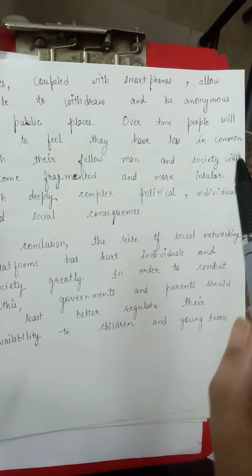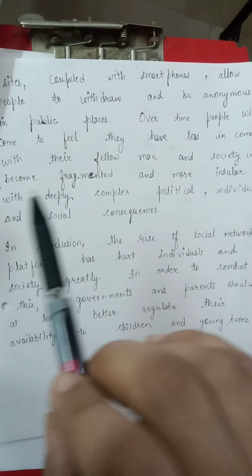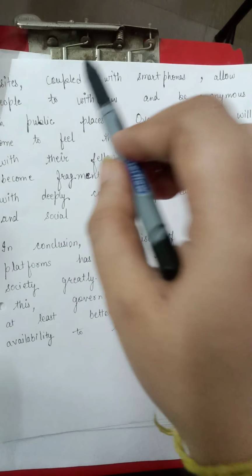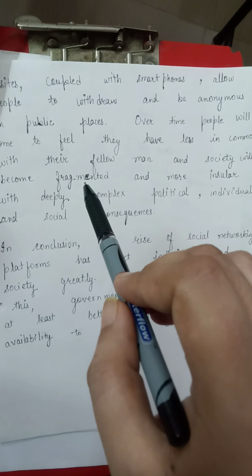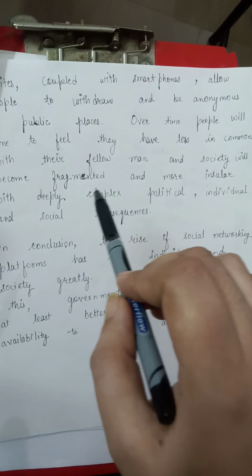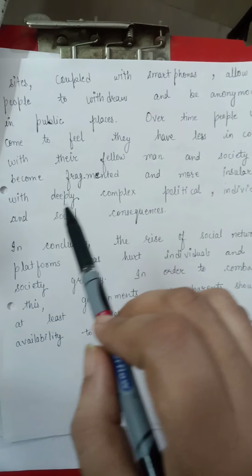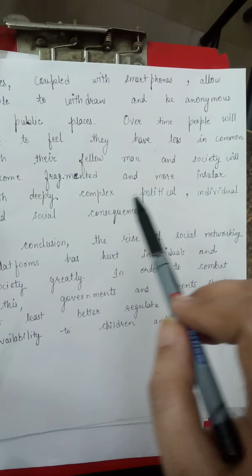So over time people will come to feel that they have less in common with their fellow men and society will become fragmented. Again this will lead to separation among the families, separation in society, and people will become narrow-minded and complex.